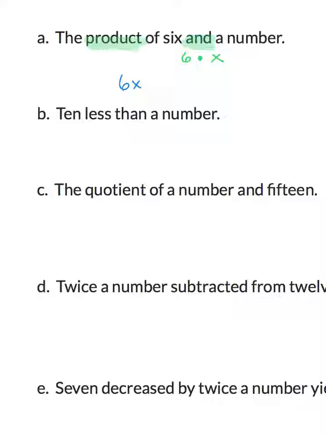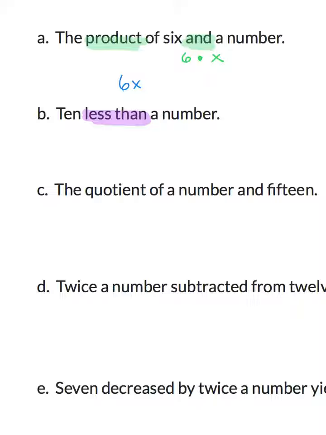If we look at example B, we have 10 less than a number. So 10 less than a number, we have the phrase "less than." And less than means subtract, but also remember that this is a reverse order phrase.